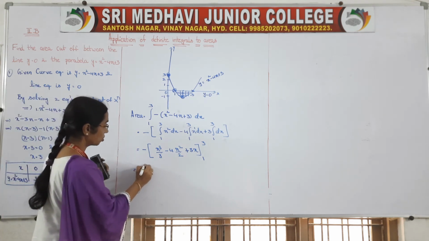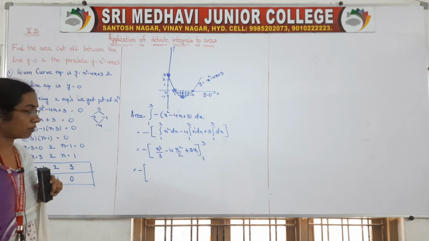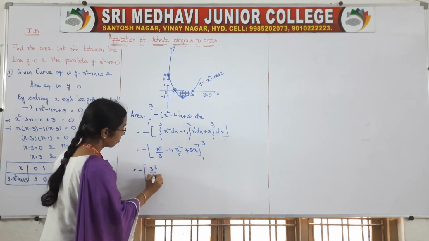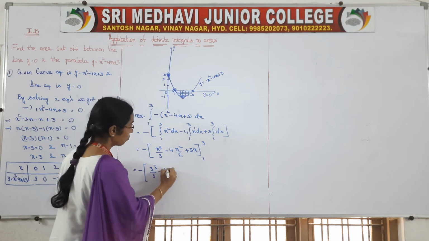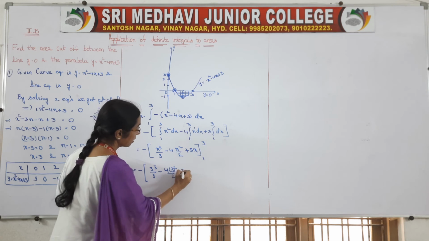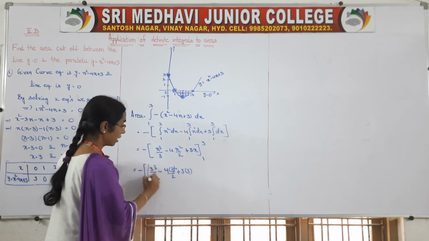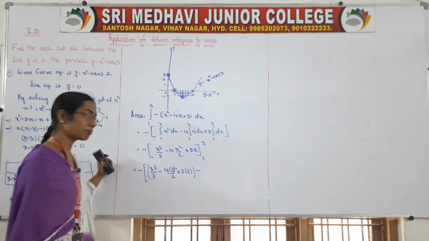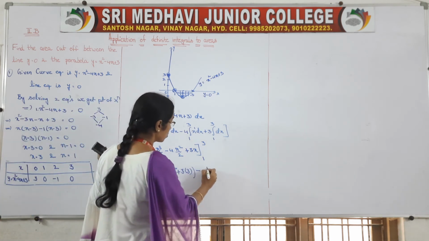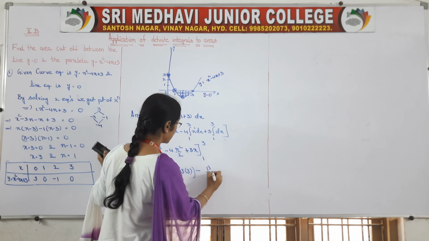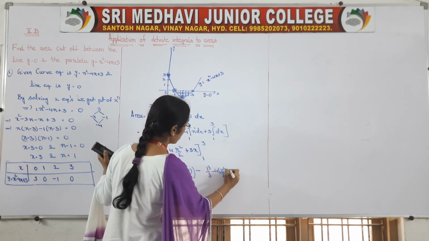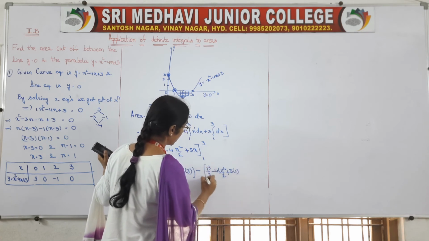Now substitute your limits carefully. First the upper limit: 3 cubed by 3 minus 4 into 3 squared by 2 plus 3 into 3. Next, in the x place we substitute 1: 1 cubed by 3 minus 4 into 1 squared by 2 plus 3 into 1.